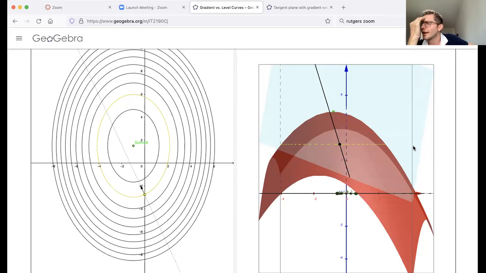This f will later be interpreted as a potential function, the same potential functions that you see in physics, like the gravitational potential function. And then the gradient of f will be the force that's being acted on something.